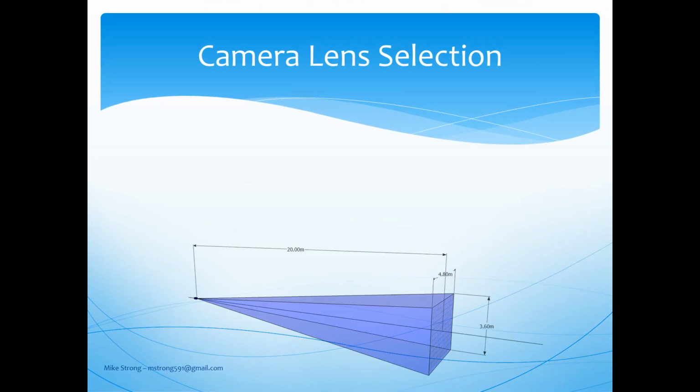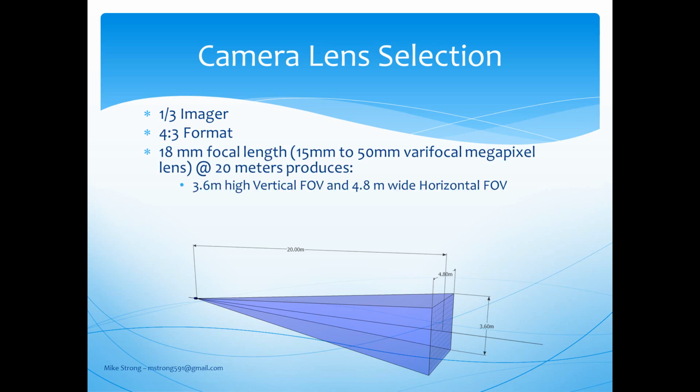We're going to talk about camera lens selection, and what I've decided on is a 1/3 format imager, a 4:3 format, and there are so many different calculators out there available, but what you find if you plug the numbers in is that to get a 4.8 wide, remember I need that horizontal field of view, 3.6 high vertical field of view, about 18 millimeters focal length, so you use a 15 to 50 varifocal megapixel lens at 20 meters, and there are specific megapixel lenses, but that's a different discussion.